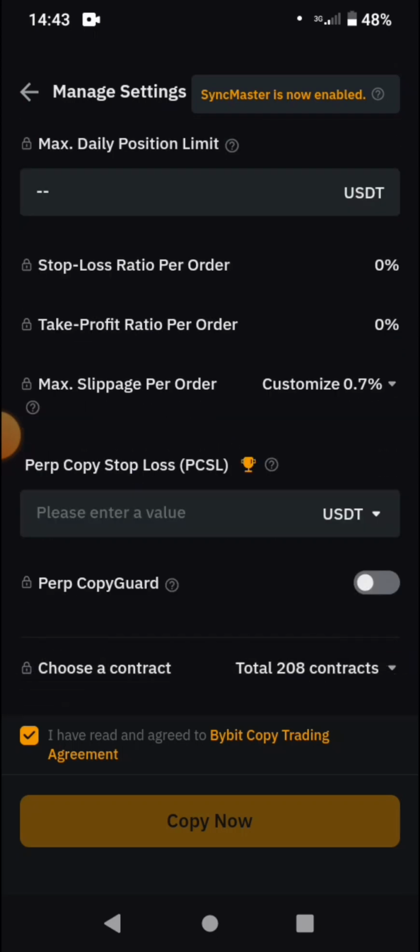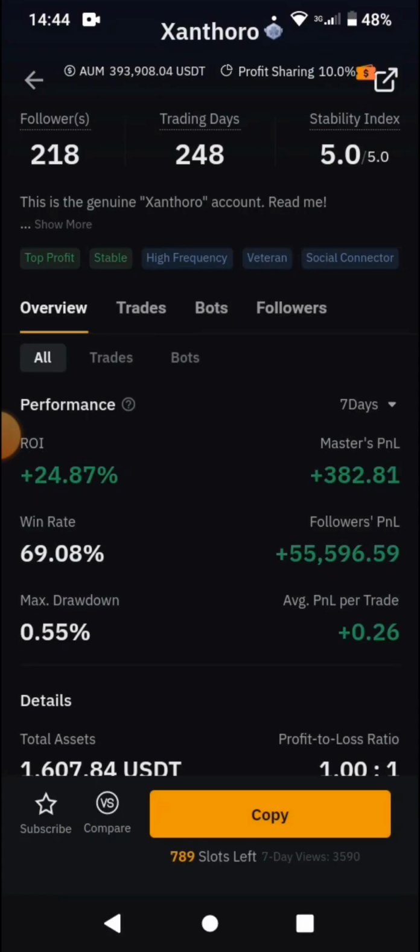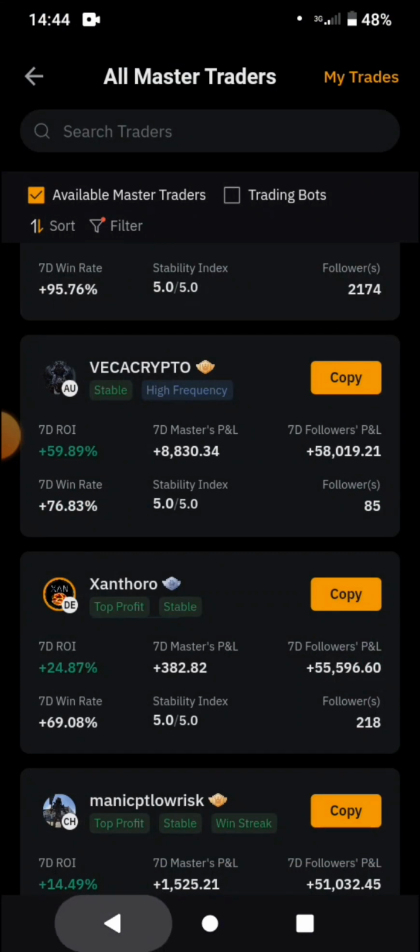Stop loss is basically an order you give that if you are going to enter a trade and I'm going to use $10, if you lose like $2, $3 or $5 of that $10, I want to keep the remaining money. That's basically what a stop loss order is. Okay, you copy. So guys, basically this is how you do copy trading on the ByBit exchange.